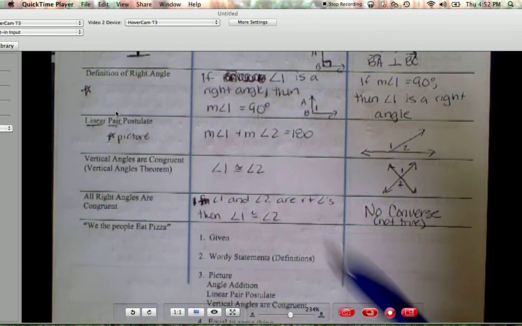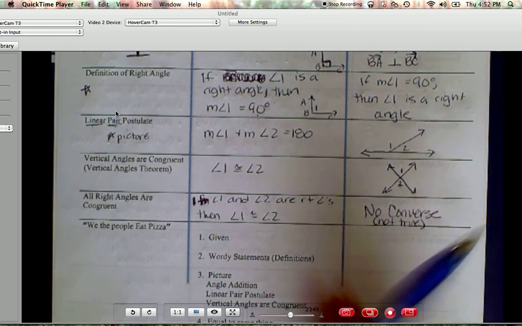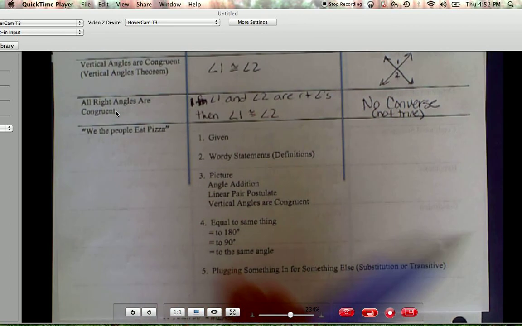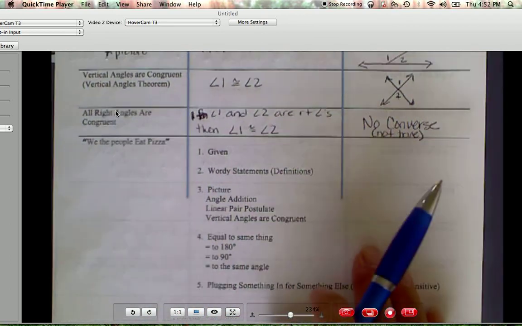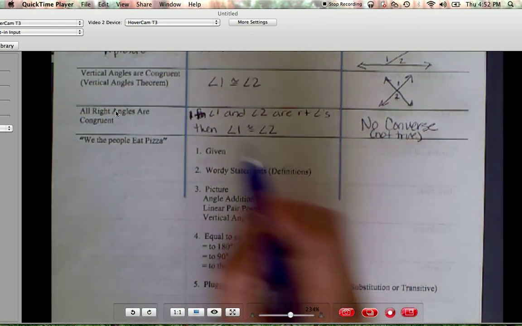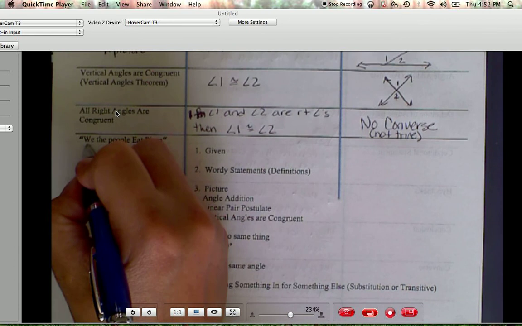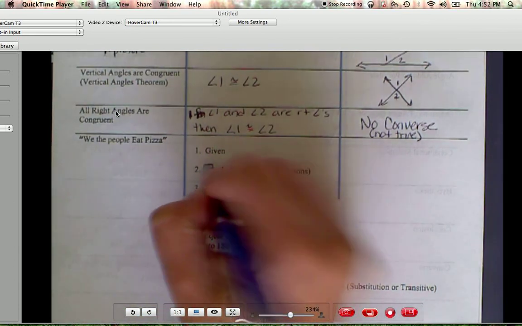Okay, we'll talk about We the People Eat Pizza and how all of this works in class, but I will go ahead and give you a quick idea. Of course, we always put the given in the proof first. The next thing is the W, the wordy statement. That's where the W comes from.